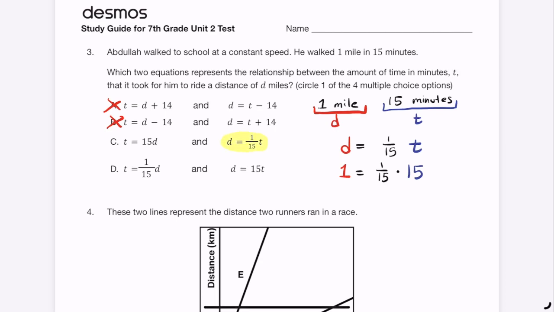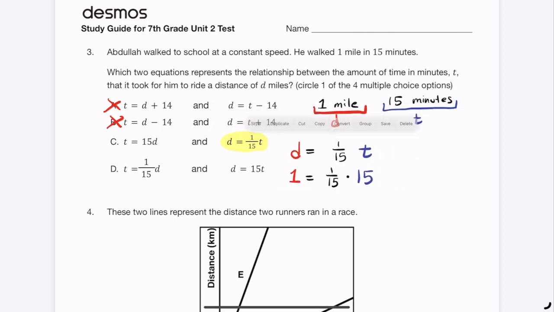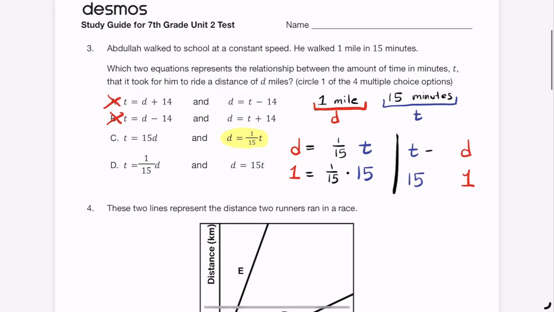Okay, and then if I want to do this in the other direction, which I should check. What if I'm given my distance, and I know here my distance is 1 mile, and I'm trying to figure out what the time is? Well, I know here my time is 15 minutes. Then I'm thinking, what do I have to do to 1 to get to 15?